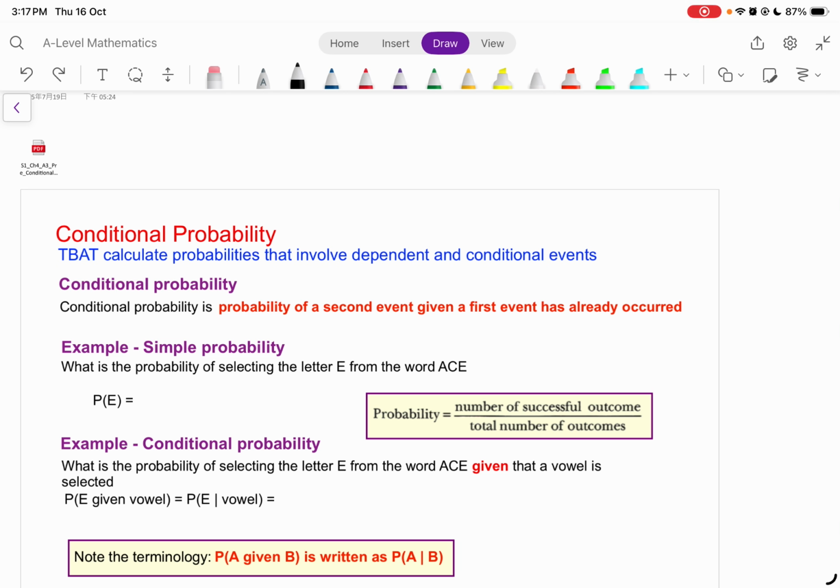所以就是我们有一个前提, okay, given that the first event has happened, then we have to find the probability of second event probability.